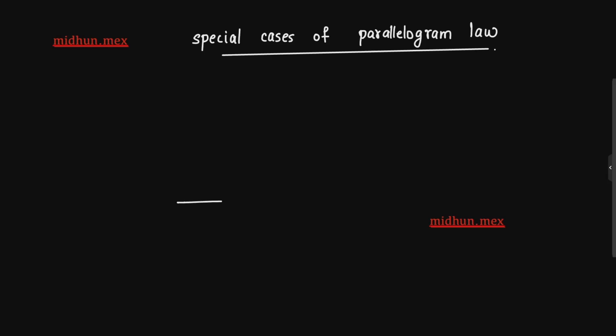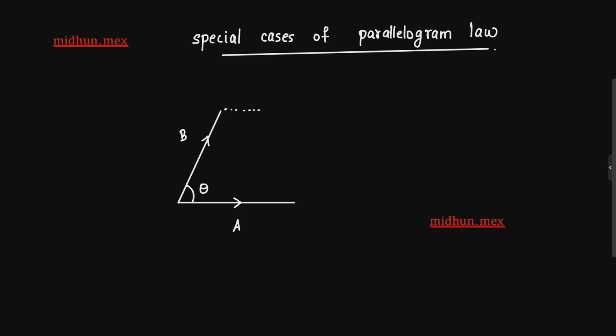Whenever you have a vector like this, we will mark it and call it vector A, and you have another vector, we call it vector B, and A and B make an angle. That angle we call theta. We will construct a parallelogram.